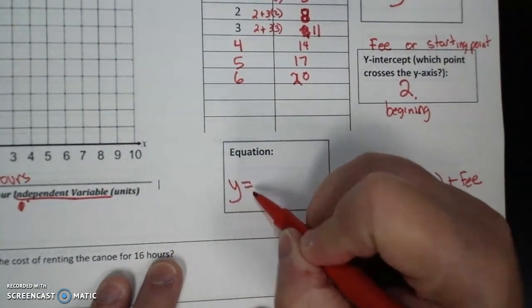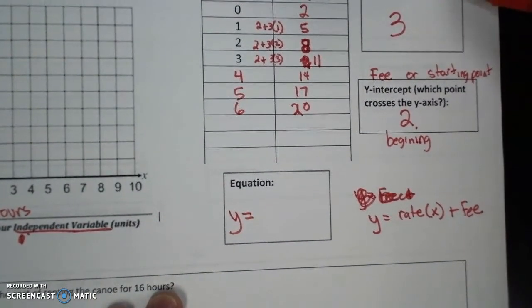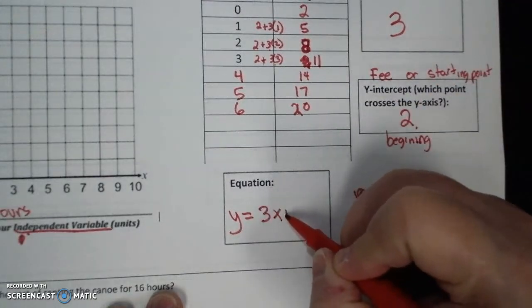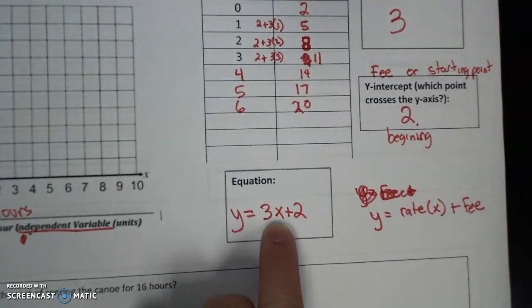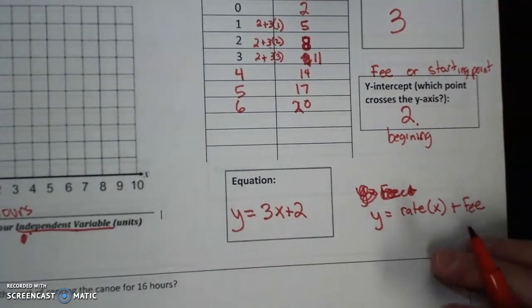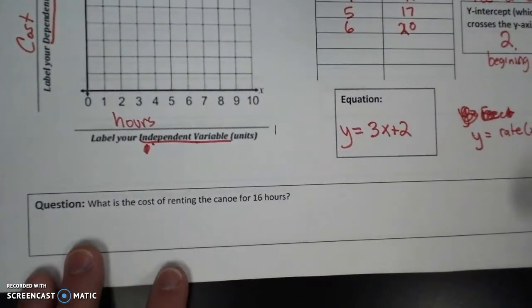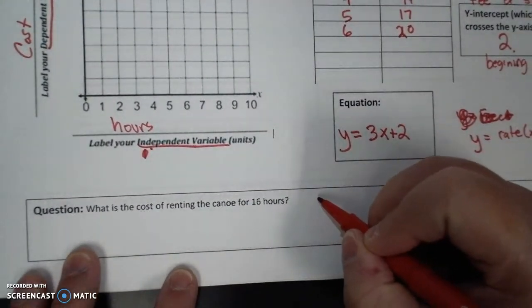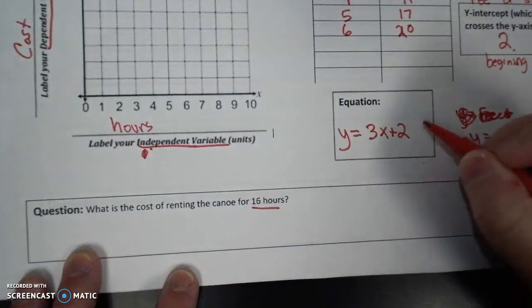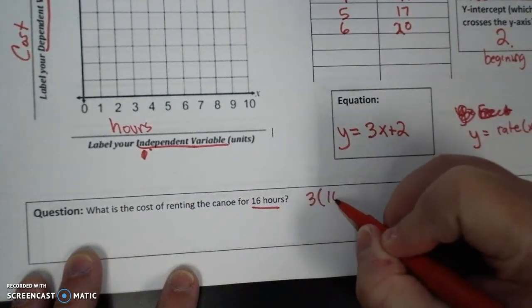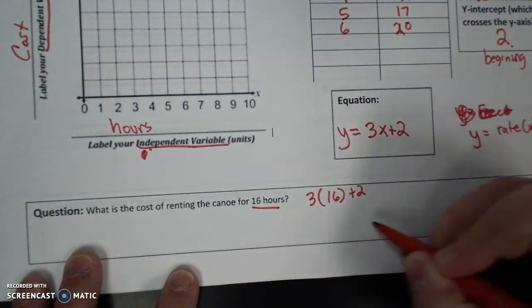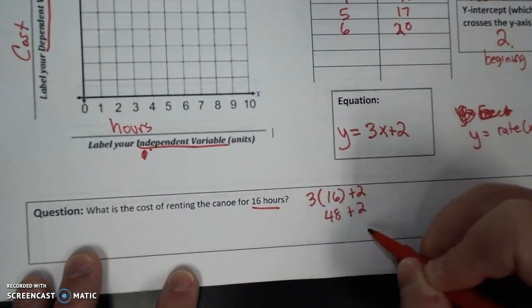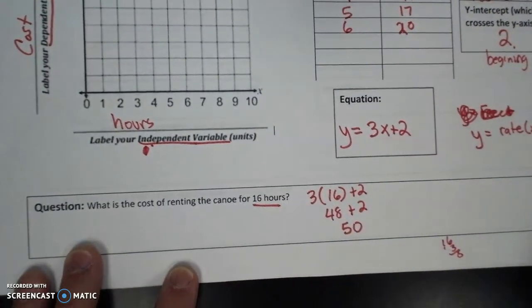So y equals 3x plus 2. There's my rate, there's a variable, there's my fee. Then it's going to say, what if I'm doing 16? That just says plug 16 in for your hours. So it's 3 times 16 plus 2. That's 48 plus 2, which is $50.